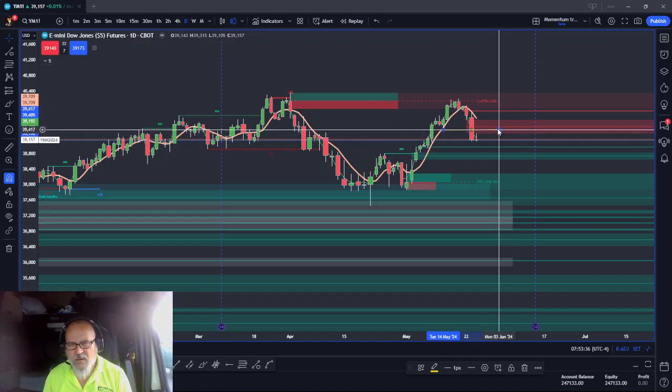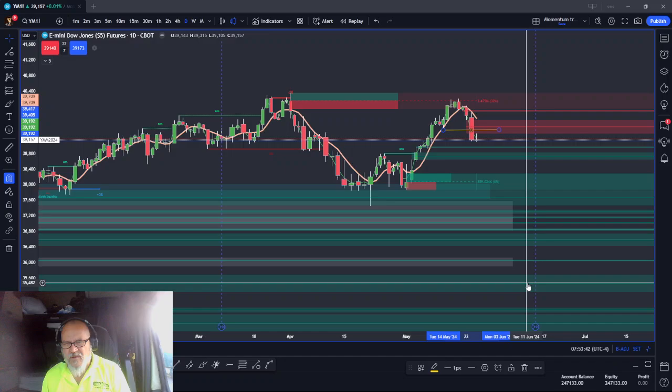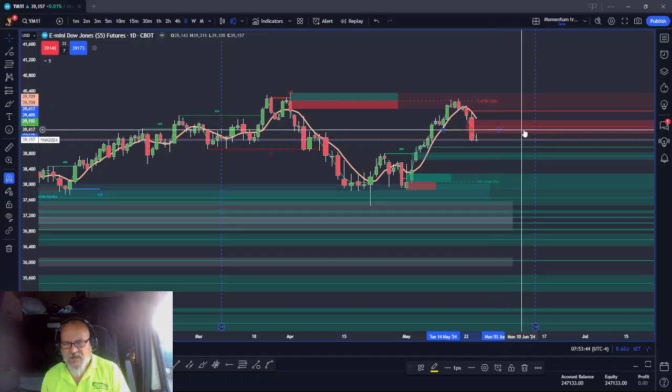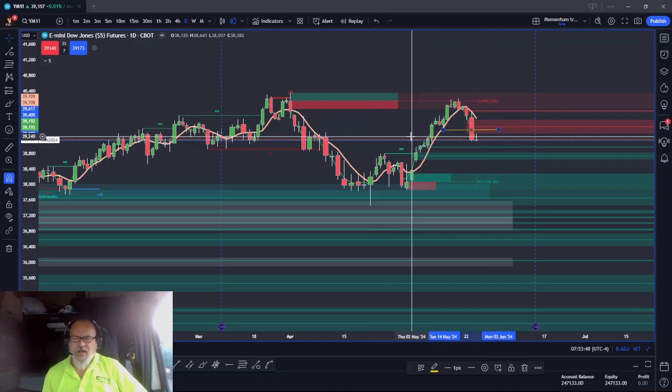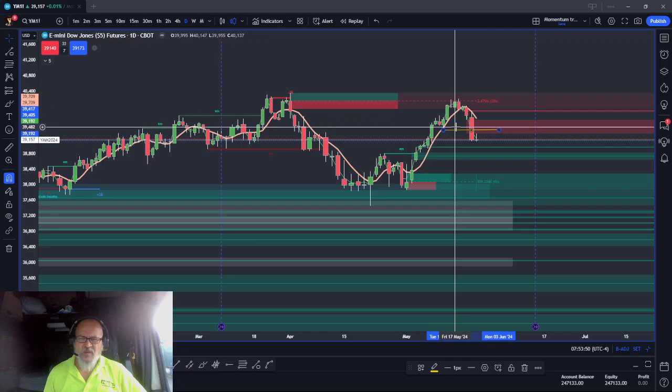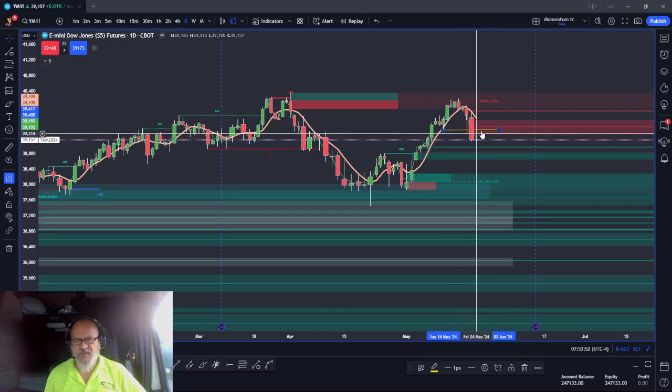Okay. That just doesn't look straight, does it? I guess it is. Okay. Market structure shift here with displacement and a fair value gap.